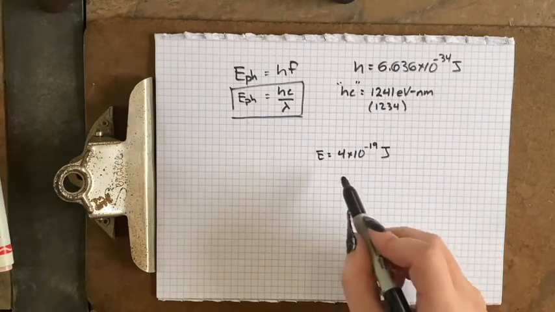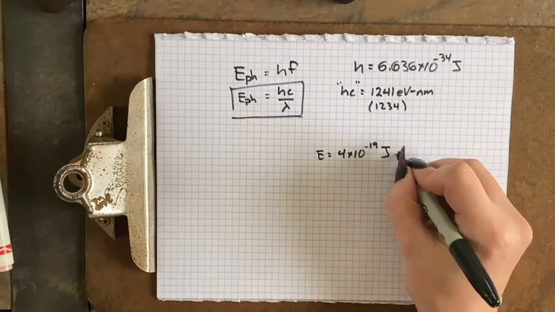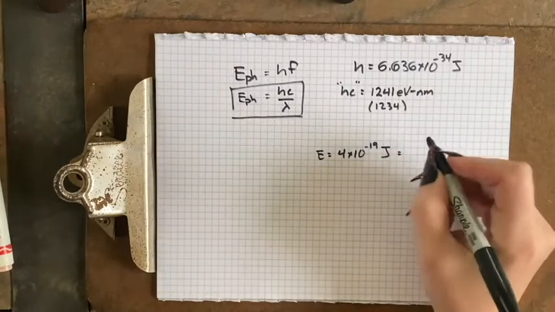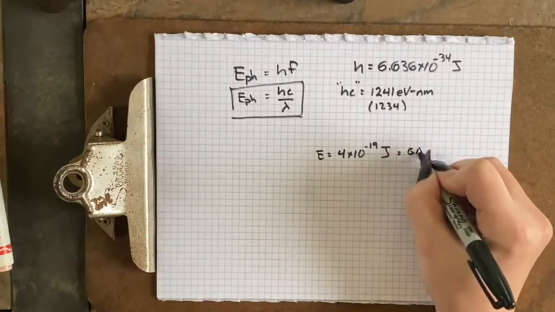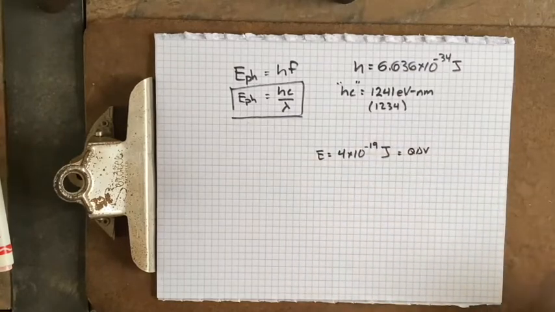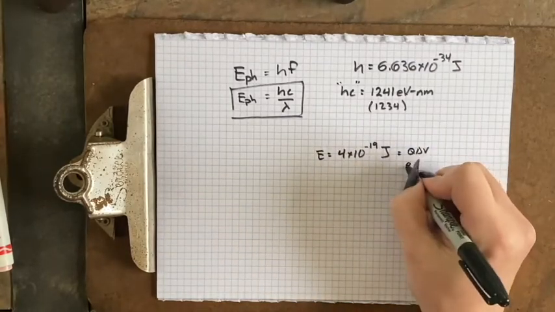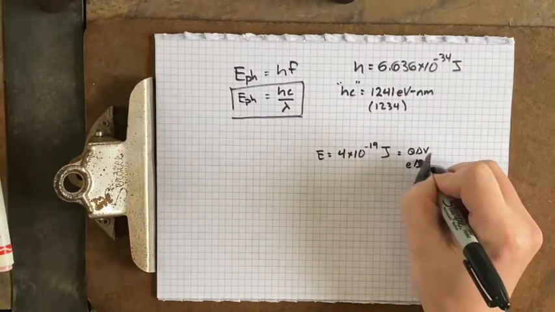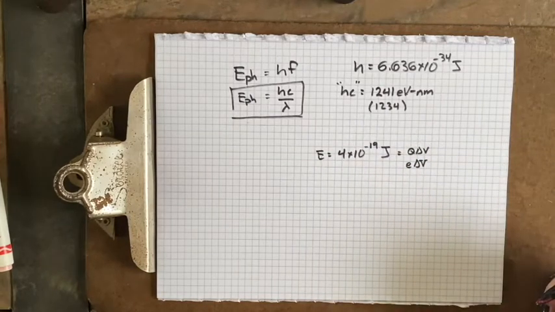So we can ask, what is the energy? From way back in the course, we learned that it was a charge times a change in volts. We know the charge is an electron charge, and the volts will be some number of volts.